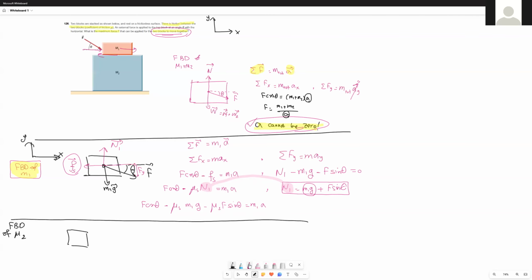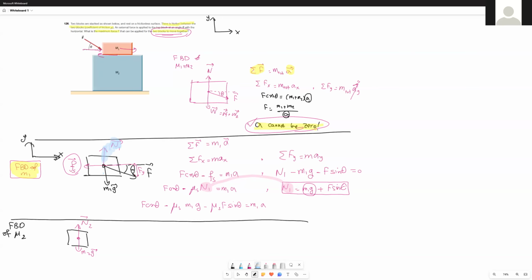On M2, what are the forces? There is going to be M2G, of course. There is going to be normal force, N2. There is going to be, because this N1 comes from where? M1 has a normal force. That M1 resides on M2.